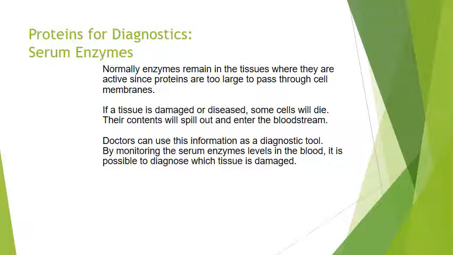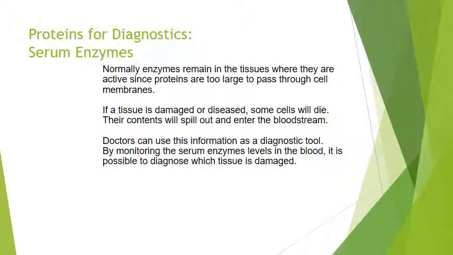So what doctors use as a diagnostic is they will measure enzyme levels in your blood, and if you have high levels of certain enzymes, it may tell if you have certain tissues damaged, because there's an abundance of these enzymes, and the doctor would ask, where did they come from?